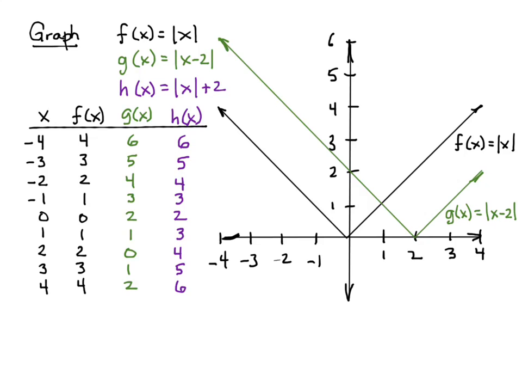So it looks just like the absolute value of x, except that it's moved over to the right 2 units, that the corner of that thing has moved over. And if you do the other one, the absolute value of x plus 2, you notice that it goes up. And on the negative side, it seems to coincide with the other one, that x minus 2.